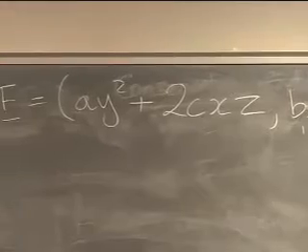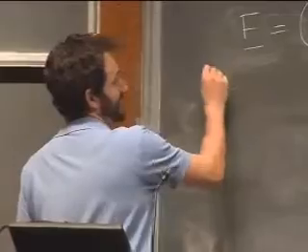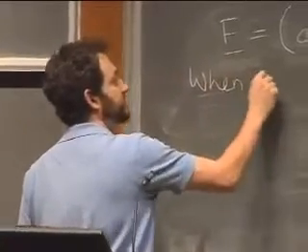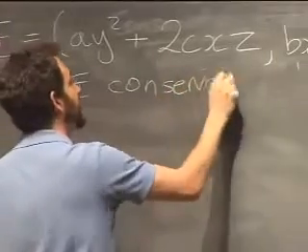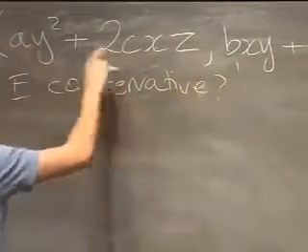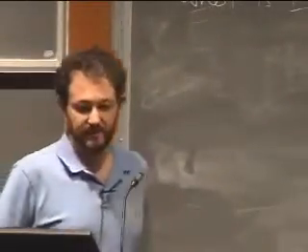And the question is, for what possible values of a and b is F conservative?